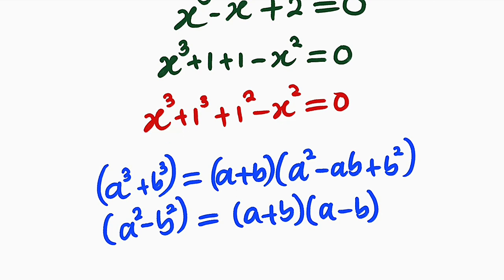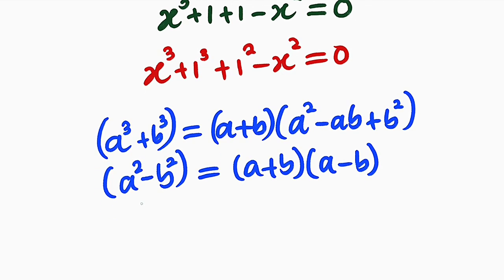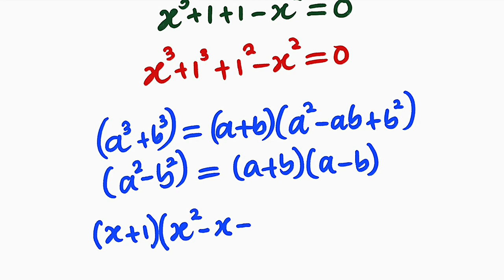So let me start from x cubed plus 1 cubed, where x is our a and 1 is b. So to the left hand side, we have x plus 1, right? Multiplied by a squared, which is x squared, minus a times b, that is x times 1, which is x, then plus b squared, that is 1 squared, which is 1.